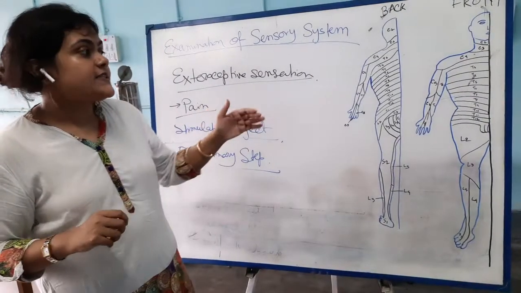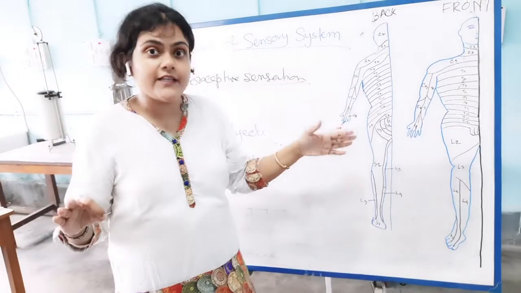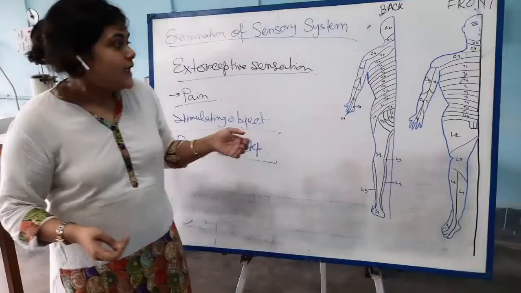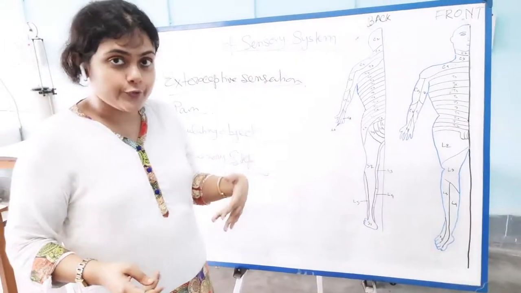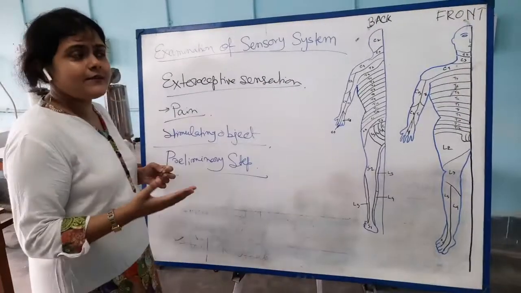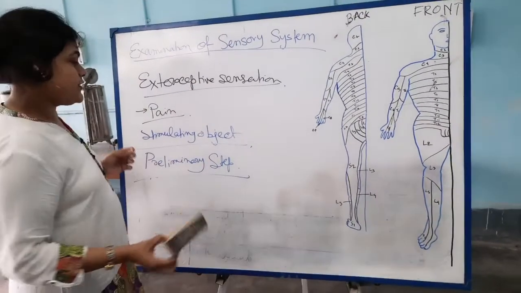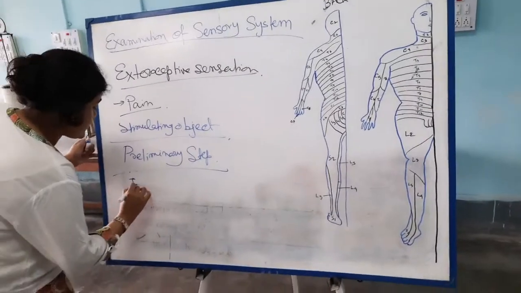Otherwise you have to test all the modalities in all the dermatomes, which is a very time-consuming and tiring job, as you can understand. And if you ask your examiner to choose a dermatome for you, then he or she will know that you have an idea about dermatomes. So ask them to tell you a dermatome where you are going to elicit all the modalities.